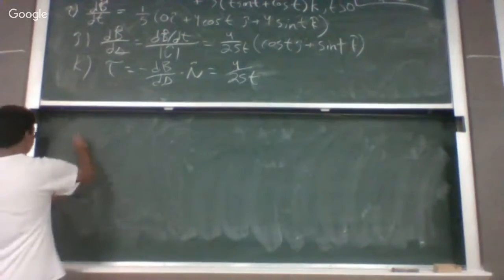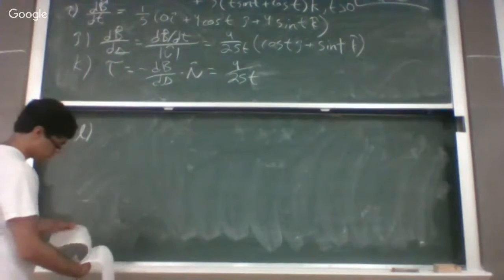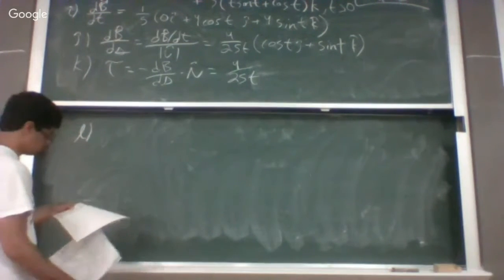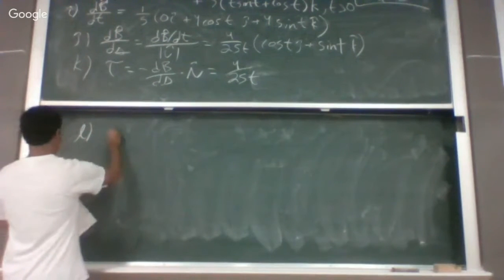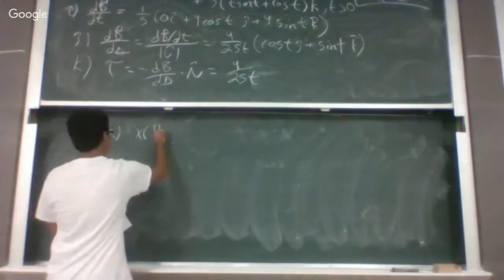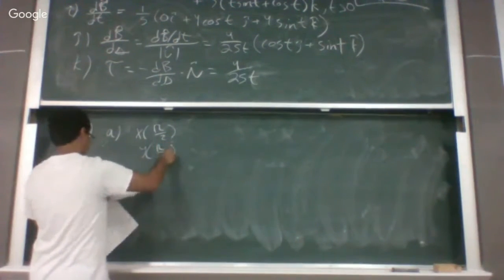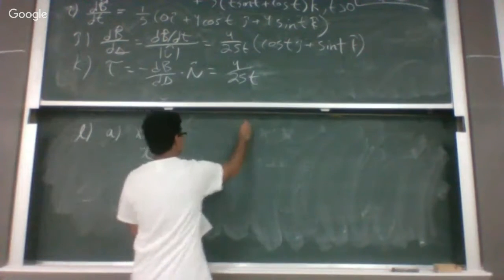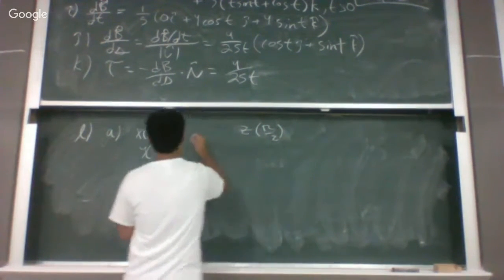All right, guys. This is for L. So we have to find for part A x of pi over 2, y of pi over 2, z of pi over 2.